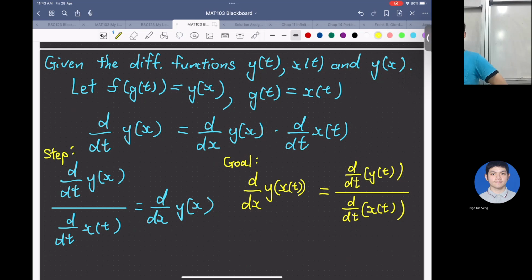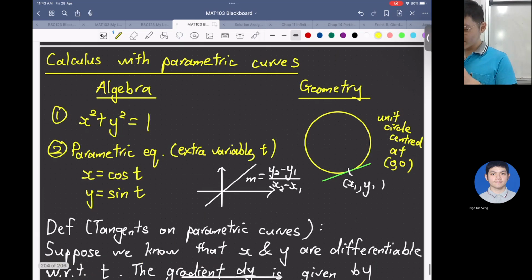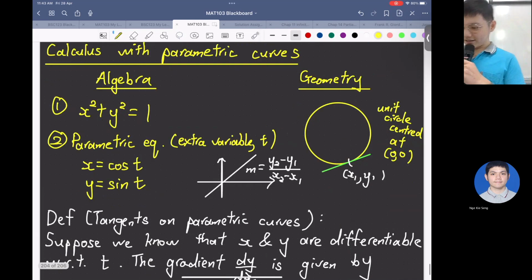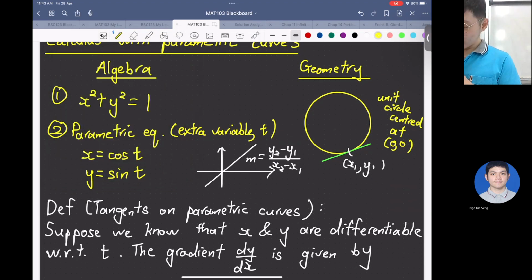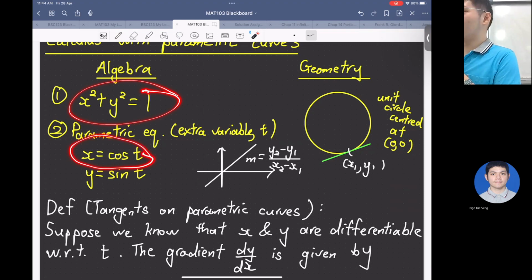Can you imagine? If you cannot imagine, we go back to this example here. We have x in terms of t. How to write y in terms of t? What you do is just plugging.